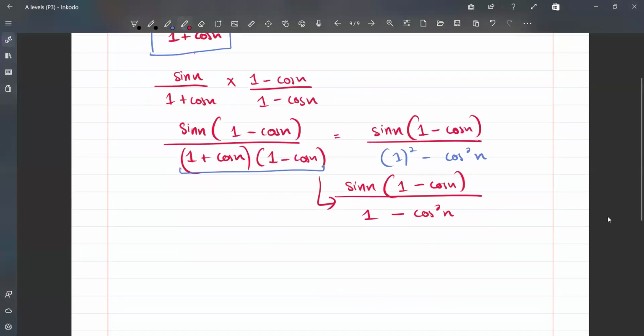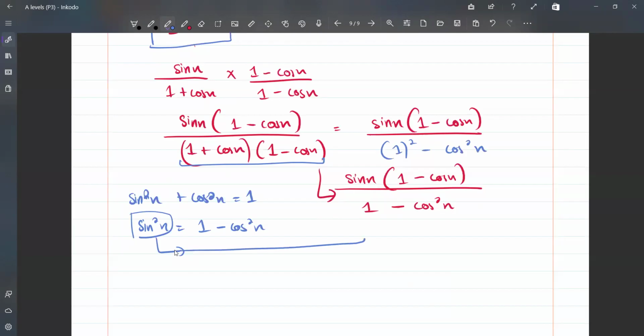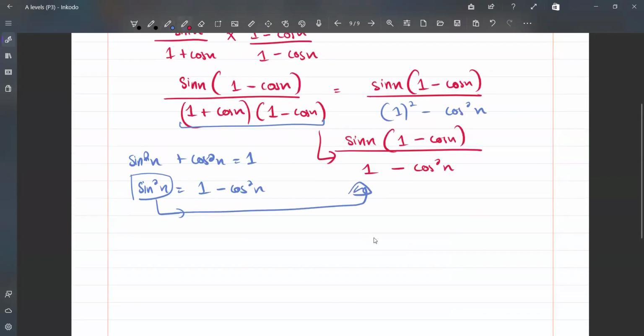What we can do here is notice that sine square x plus cos square x is equal to 1. We know this, all right? So sine square x is equal to 1 minus cos square x. So we can write sine square x here. Let's just do that.